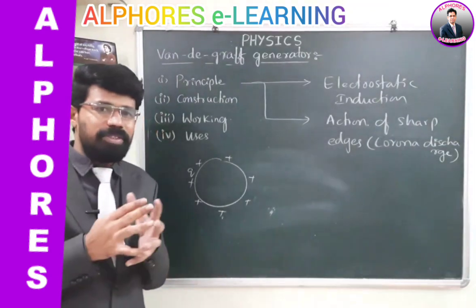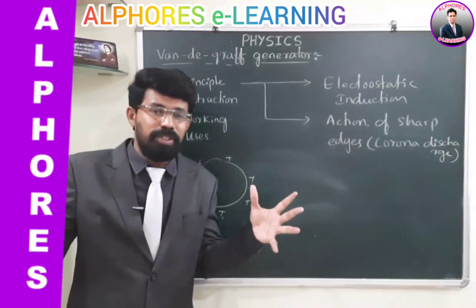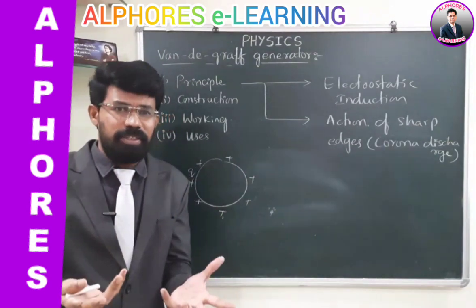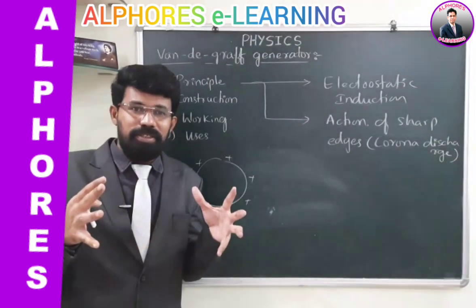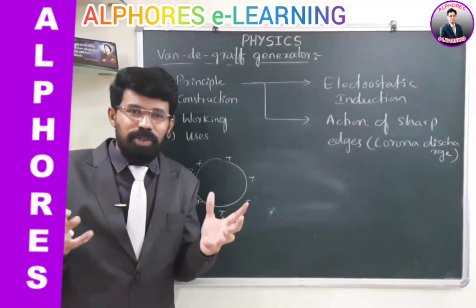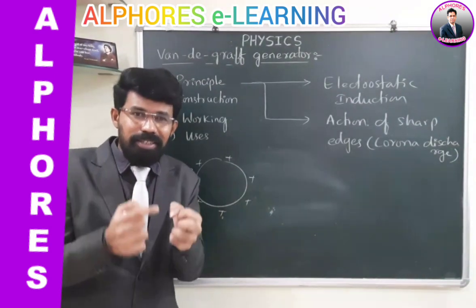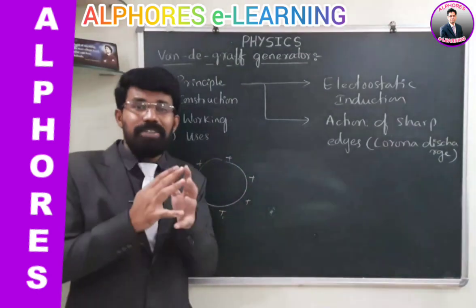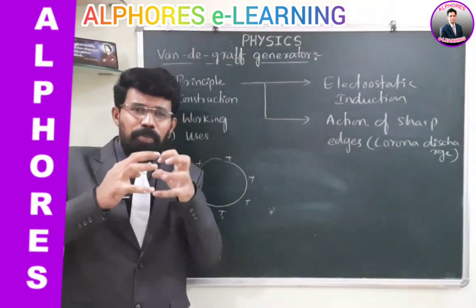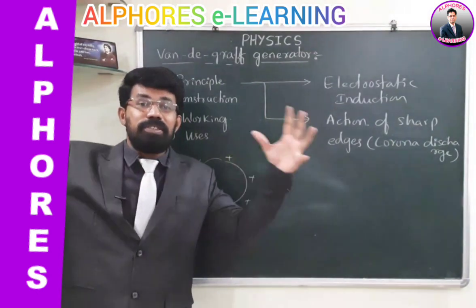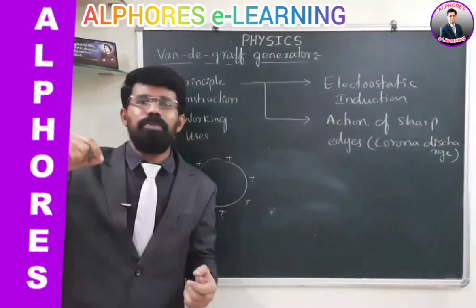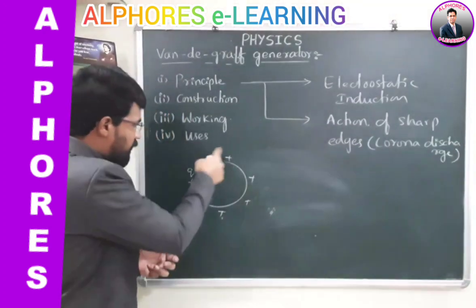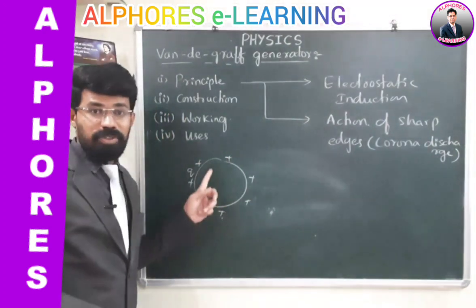Inside a conductor, the charge can move freely from one place to another. These are positive entities; they repel each other. If they are able to move, what will they do? They don't attract each other. Here you have taken positive charge, so they repel each other and push themselves such that they reach the surface of the sphere. That's where maximum they can go. Beyond that, they cannot go. They cannot jump from the surface, isn't it? So they get distributed uniformly like this in case of a solid sphere.